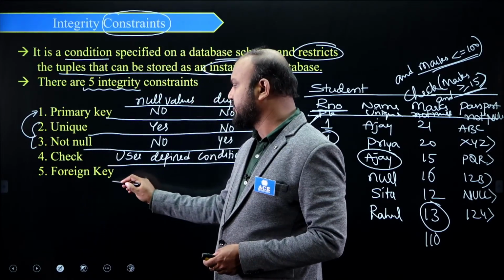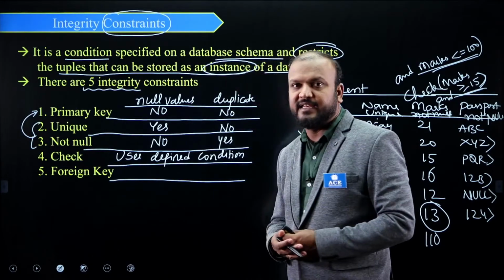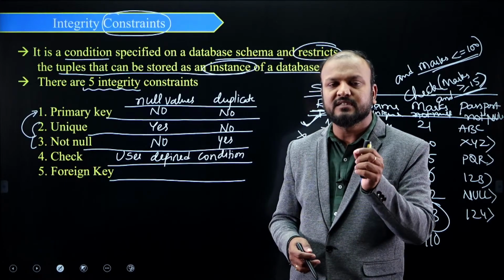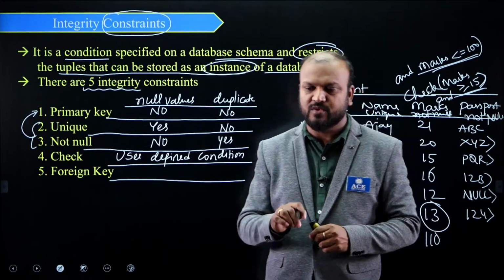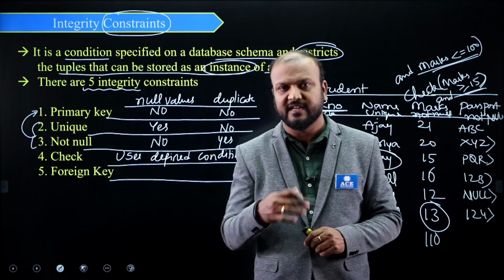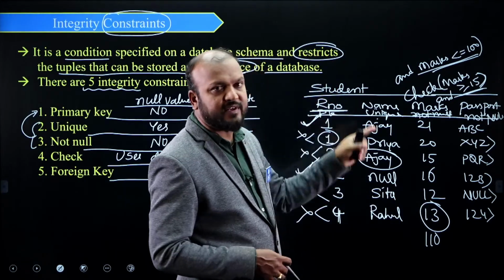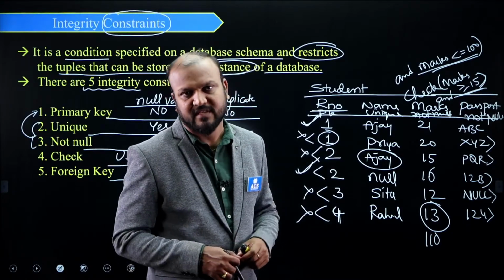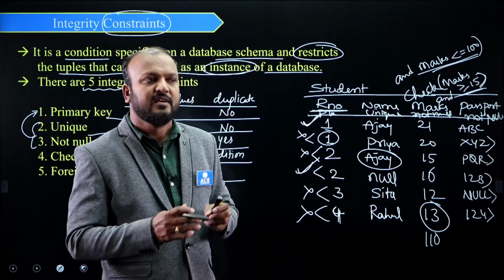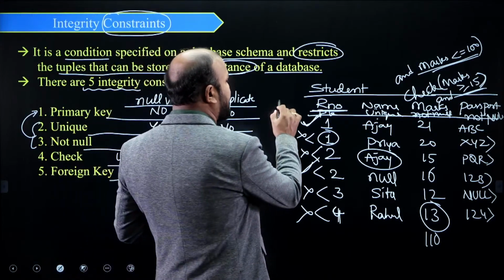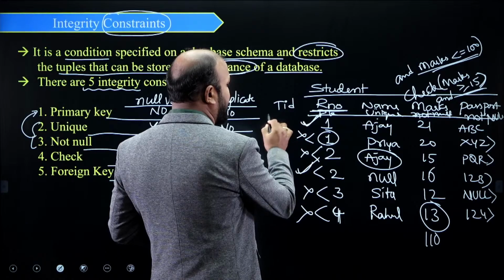Okay, last, foreign key constraints. What is a foreign key? This is used to refer to the tuples of another relation, to have a parent and child relationship. Suppose for every student there is a mentor, who is a teacher, like a teacher ID, if I wanted to add it.